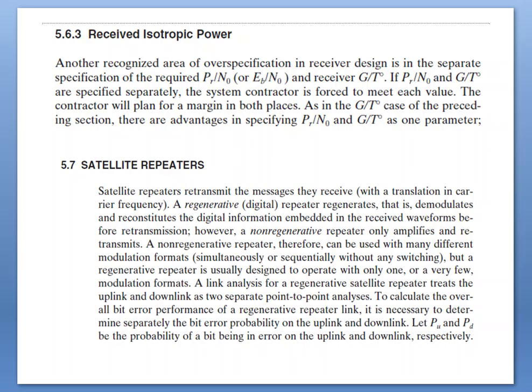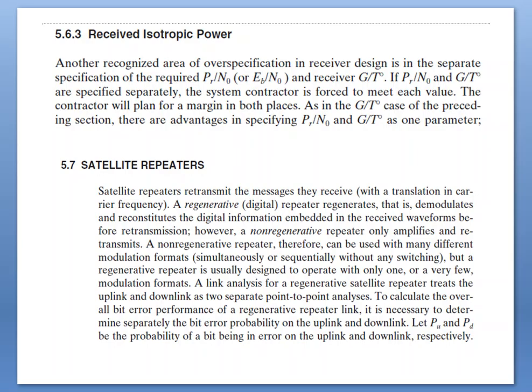Let us consider PU and PD, the probability of a bit being in error on the uplink and downlink respectively. A bit will be correct in the end-to-end link if either a bit is correct on both uplink and downlink, or if it is in error on both uplink and downlink.